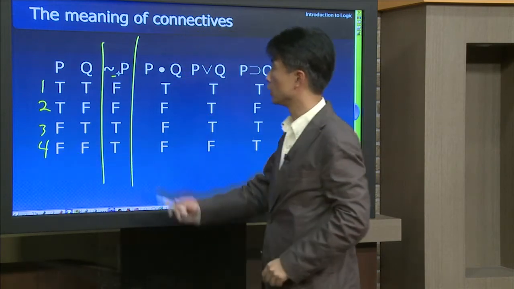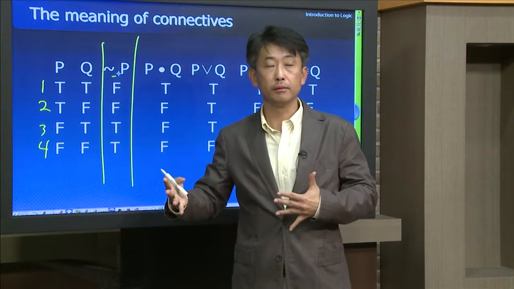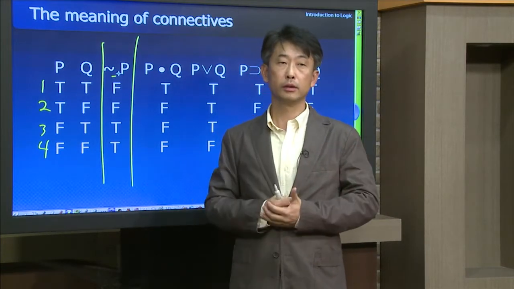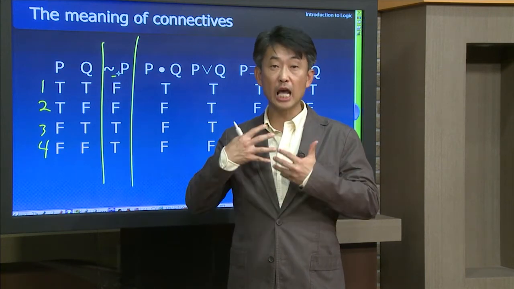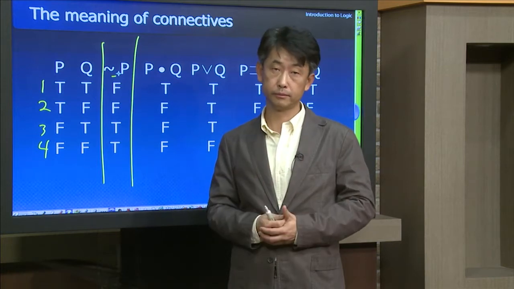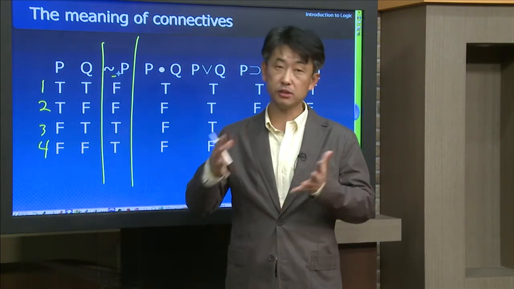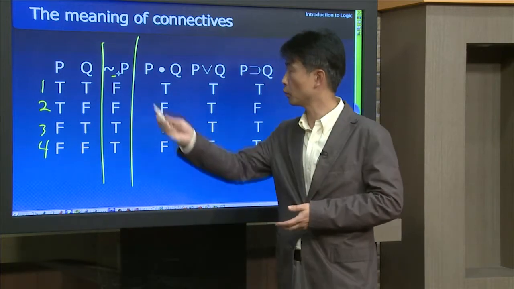What do we mean to say not P? What it means is it says the opposite of P. So when P is true, not P is false. When P is false, not P is true. That's what it says.